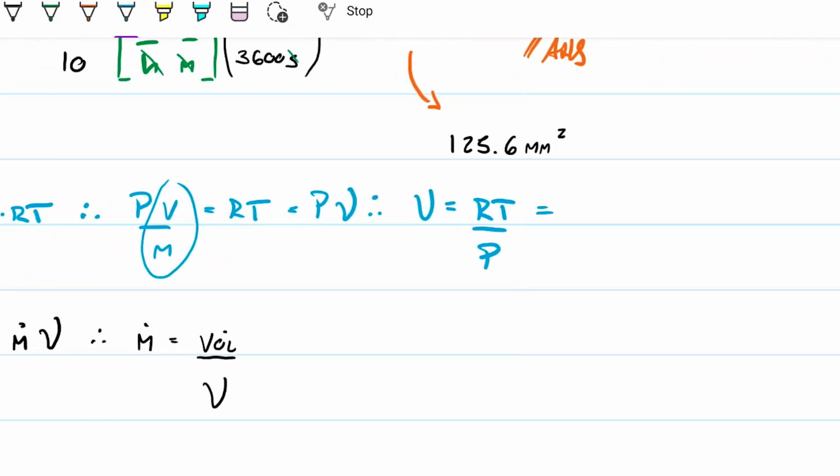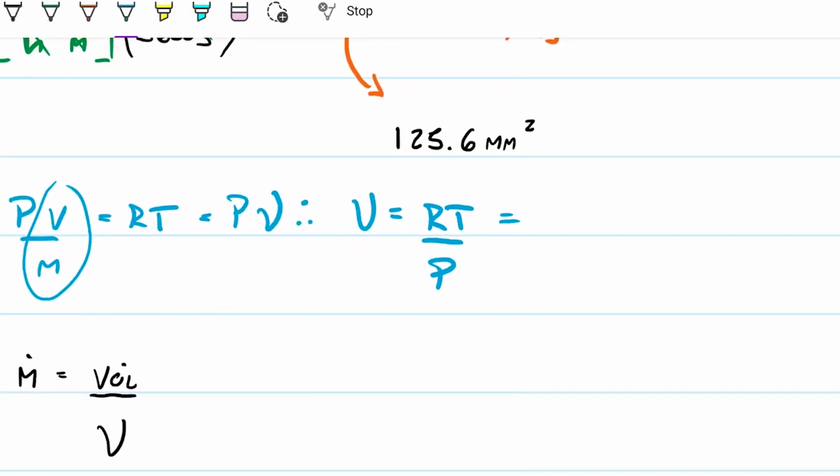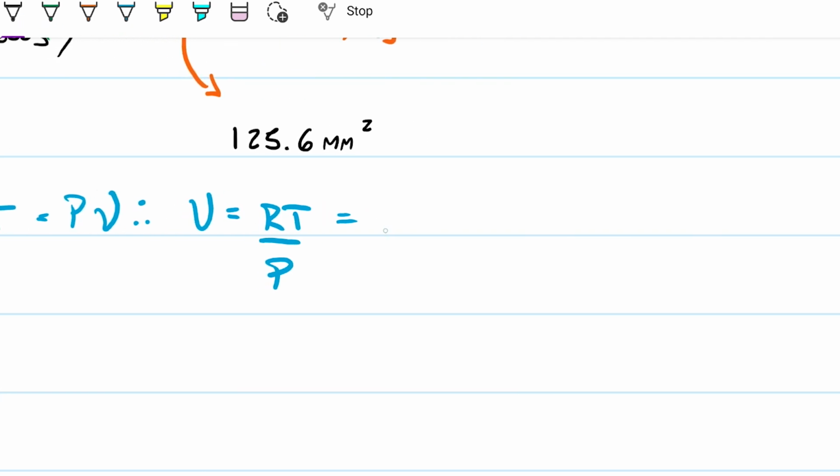There's one small caveat here though. Note that we are looking for the specific volume, so it's a unit that is in meters cubed per kilogram. If I go ahead and place 8.314, I'm going to have a problem because this is kilojoules per mole per Kelvin.